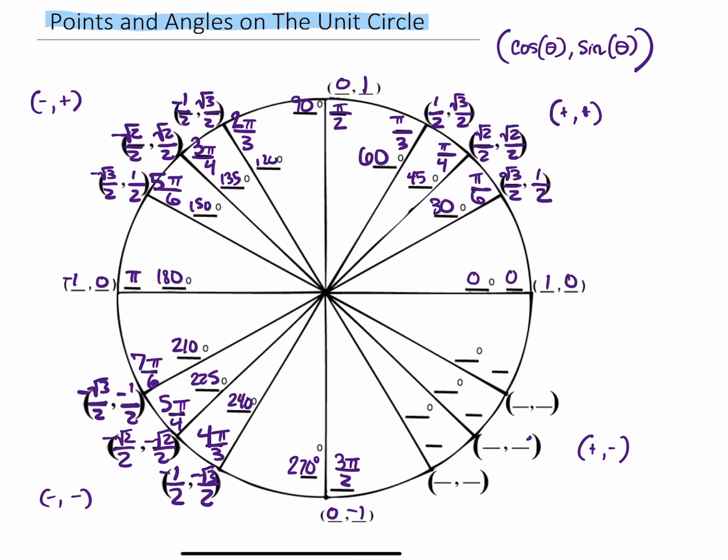So down here will be positive 1/2, negative root 3 over 2. Then we should get positive root 2 over 2, negative root 2 over 2. Then this would be positive root 3 over 2, negative 1/2.